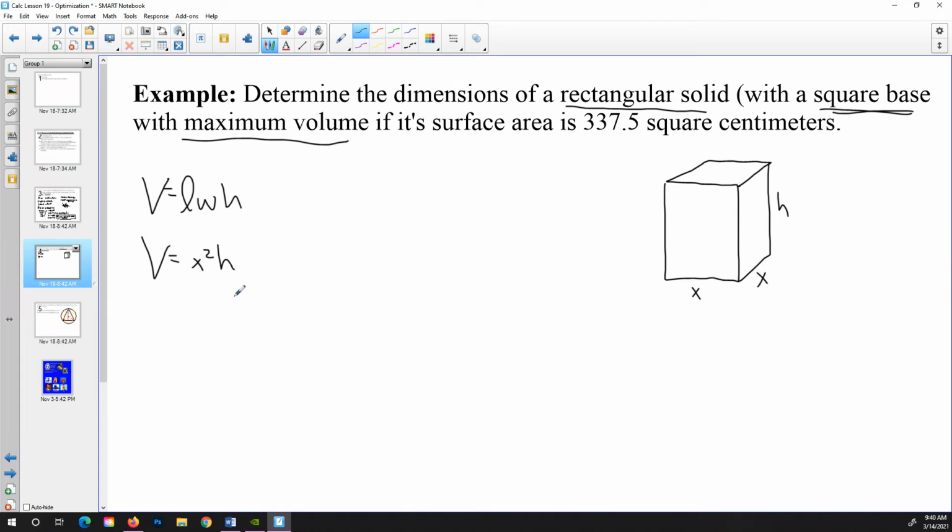All right, that's not so bad. But again, just like in the last problem, if you have no other constraints, then we can just keep making x and h larger and get bigger and bigger volumes. But we do finally have one last thing that limits our values for x and h, is the fact that the surface area has to be 337.5 square centimeters.